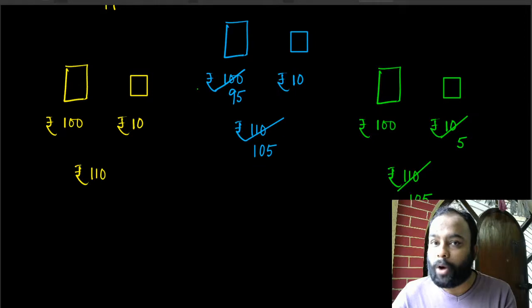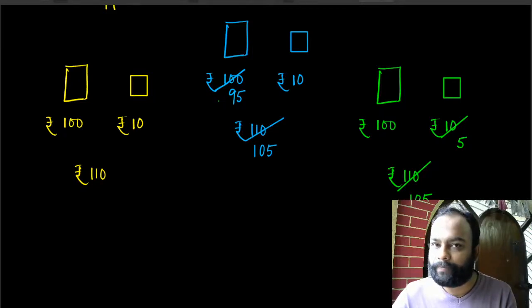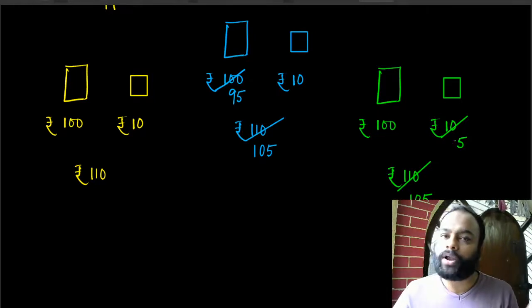But the first shop gives a 5 rupees discount on the 100 rupees item, and here in this shop, you are getting a 5 rupees discount on an item that costs 10 rupees. Overall, you got the same discount.